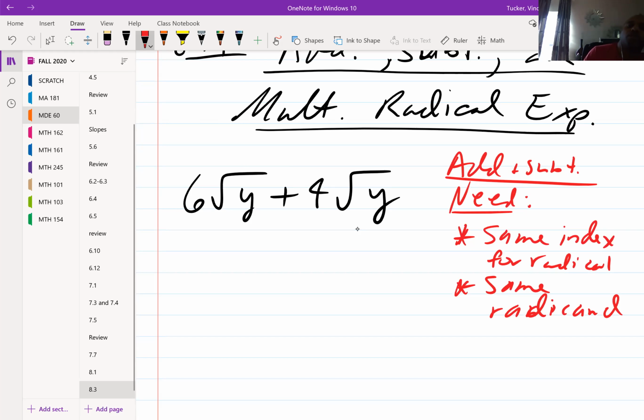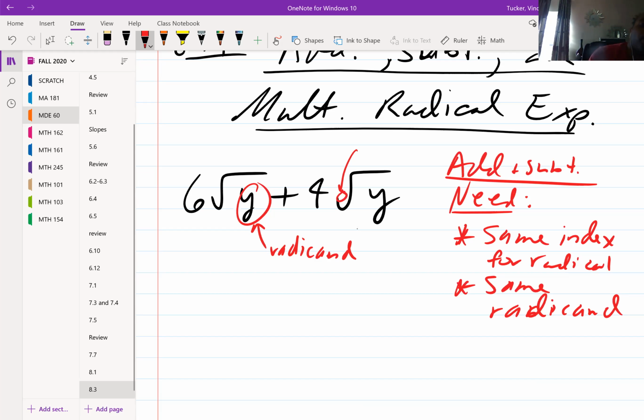Yep. So radicand is the thing that's under the radical. So our radicand here would be y. So in order to add and subtract radicals, you need the same index. We talked about the index before. That's what's right here, what comes right before the radical, right there in that little crevice of the radical. So you need the same index for your radical, and you need the same radicand. And your radicand is what's under the radical.